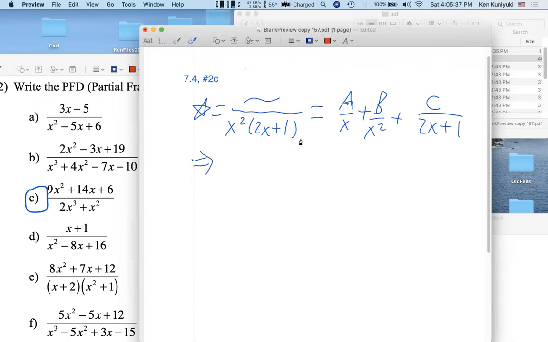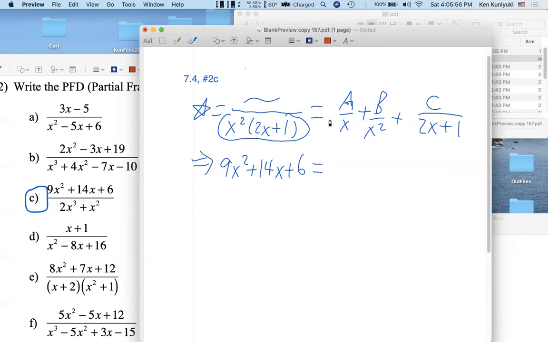We multiply both sides by the LCD, which is always the bottom of the original expression. So the numerator is 9x squared plus 14x plus 6.